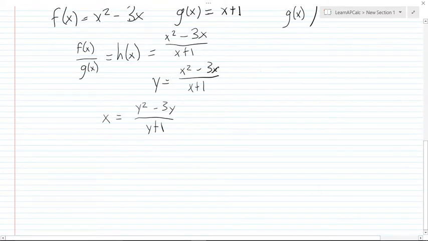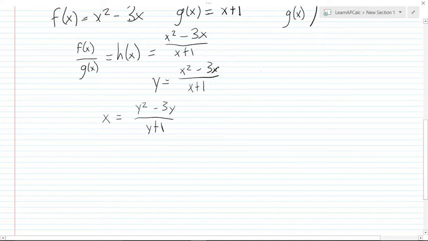And then we're going to solve for y. And here this might be a little difficult. Since we have multiple y's of different powers, I can say pretty much that this might not be a function.